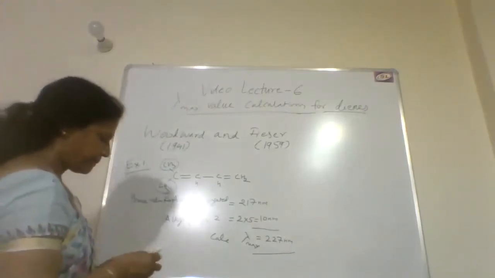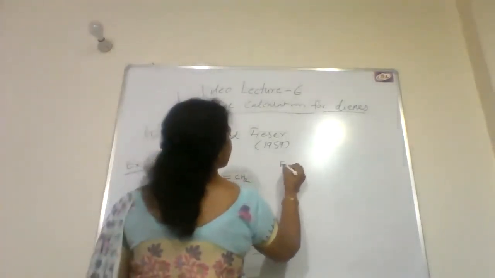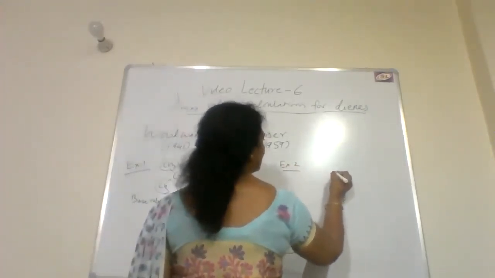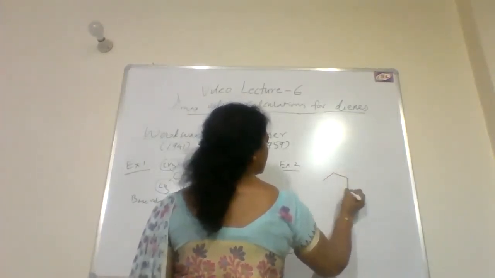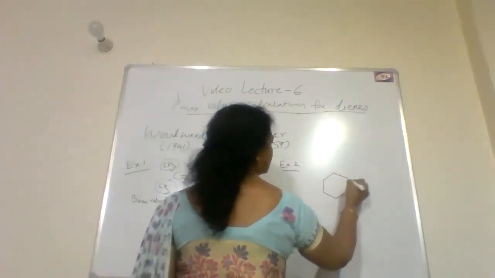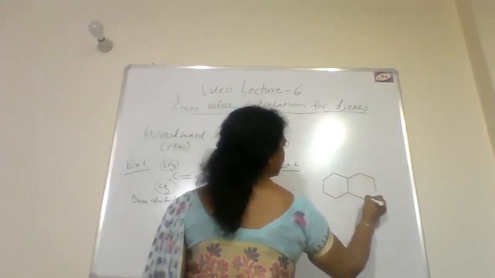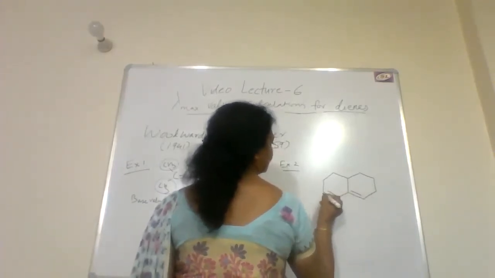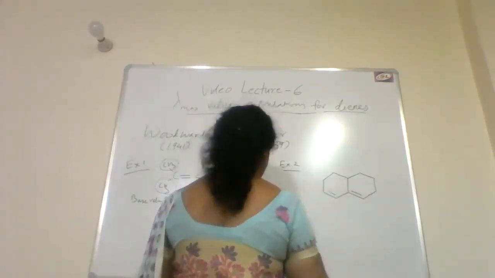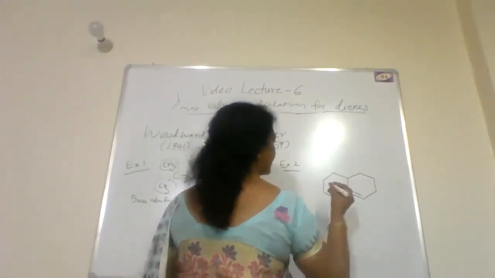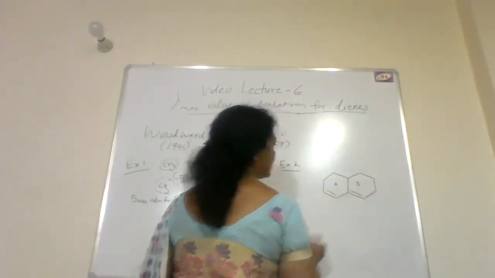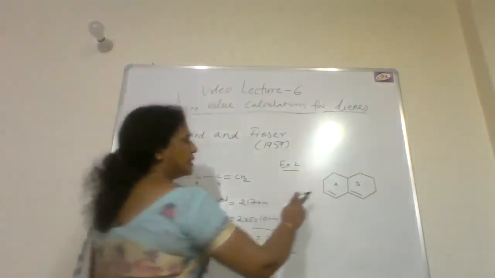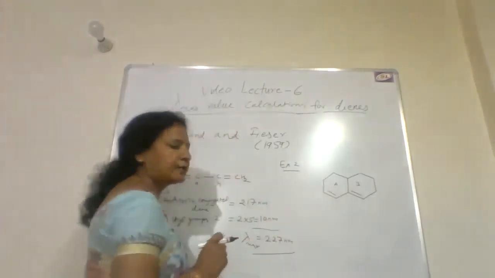Second example. Suppose this type of system is there, with rings A and B. Here two double bonds are in conjugation: double bond, single bond, double bond.